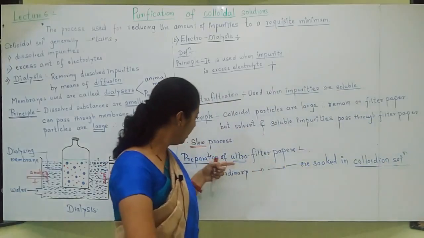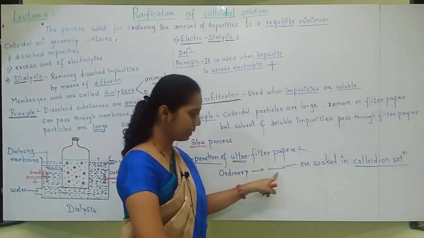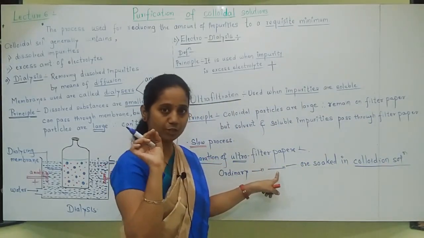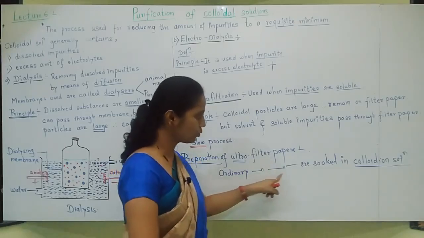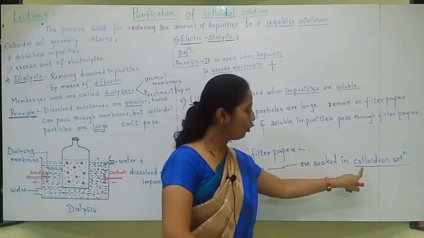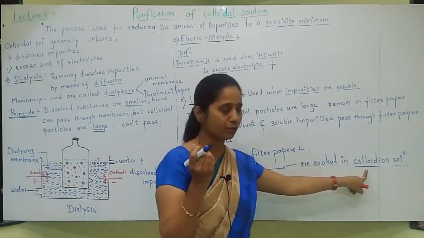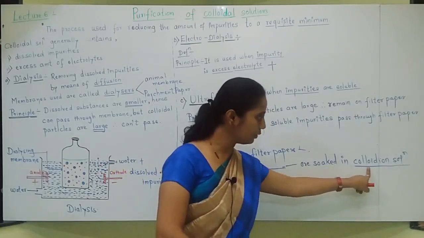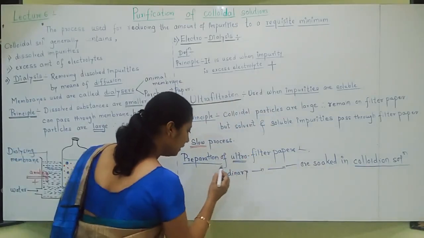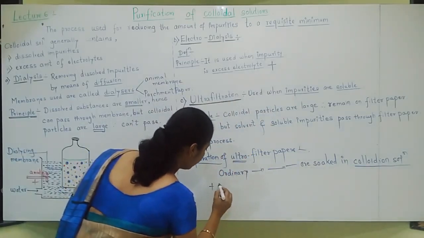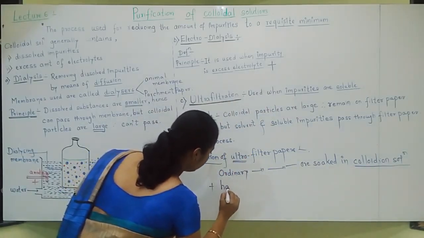Important thing. First an ordinary filter paper is taken, its pore size is large, and we have to reduce the pore size. So it is first soaked in a special type of solution called collodion solution, and afterwards the filter paper is hardened.